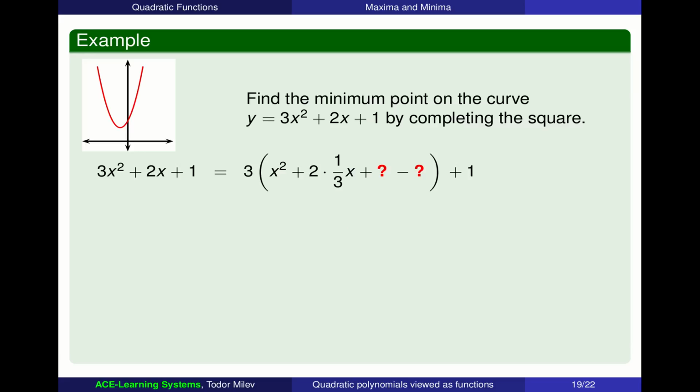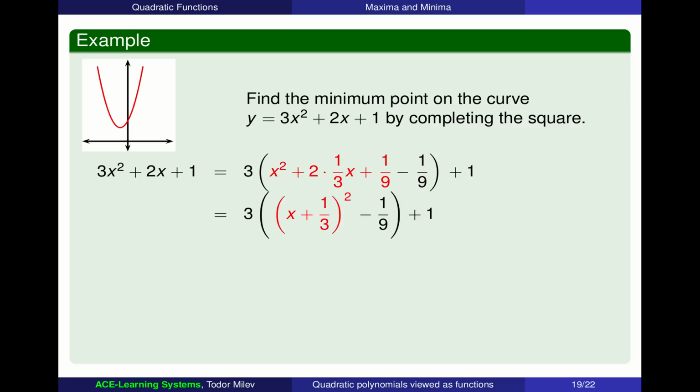I need to take the number that I see here, which is 1/3, square it, and add and subtract it. So 1/3 squared minus 1/3 squared. That's what I need to add and subtract. And as you can see, I've already simplified 1/3 squared to 1/9. Okay?